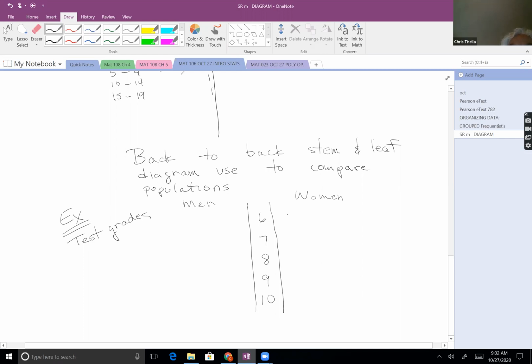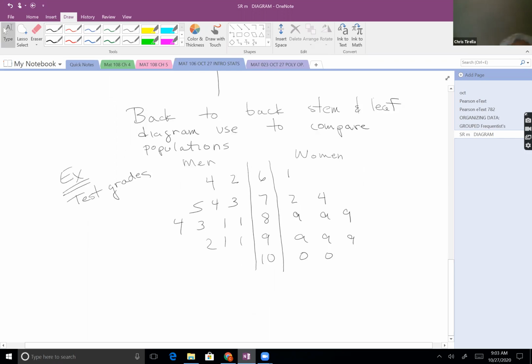So I might put the leaves for the women on one side and the leaves for the men on the other side. You see how a back-to-back stem and leaf diagram would give me a way to compare the two instead of having 2 separate stem and leaf diagrams.